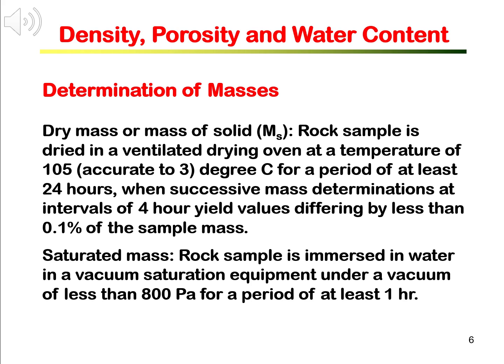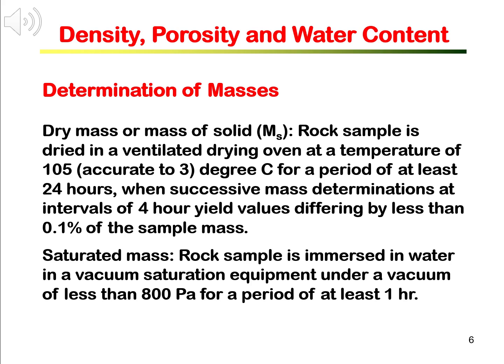To make sure it is completely dry, the rock sample is dried in a ventilated drying oven at a temperature of 105 degrees C for a period of at least 24 hours.